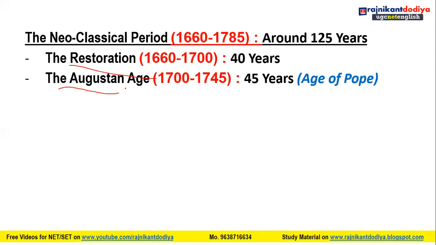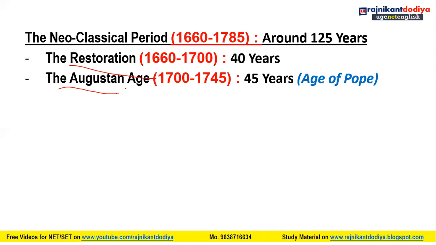It is also named the Augustan age after the name of the Roman Emperor Augustus Caesar. Augustus Caesar was the Roman emperor after whose name this period is given the name Augustan age.